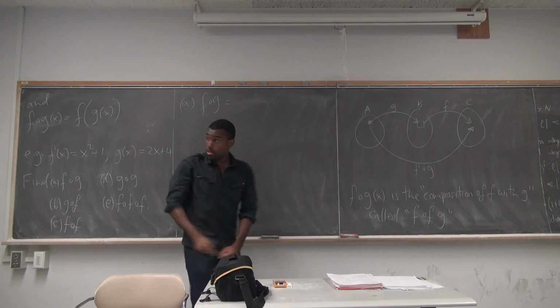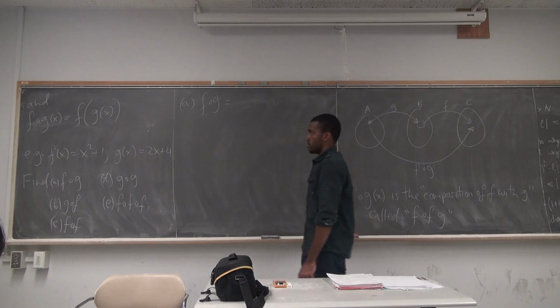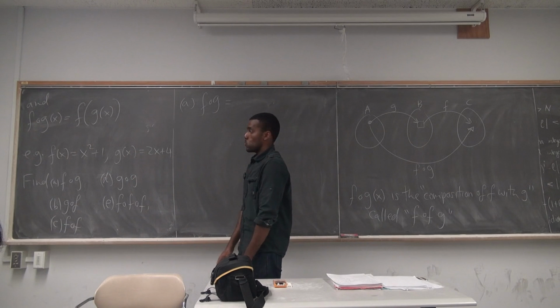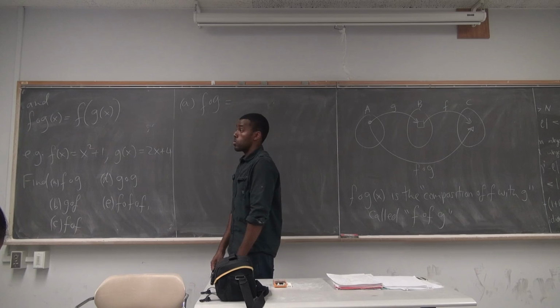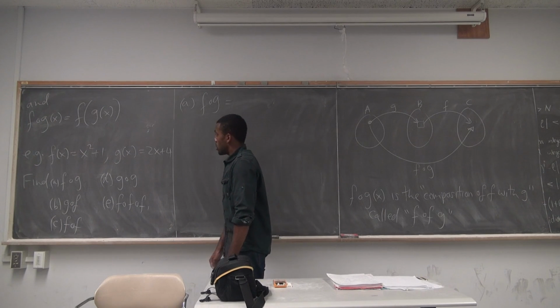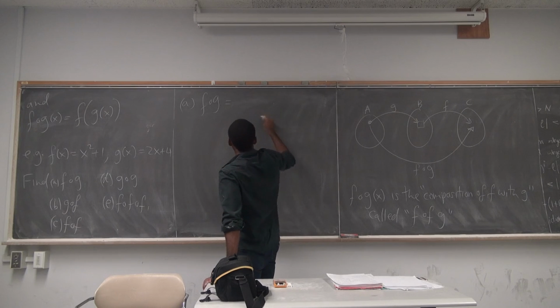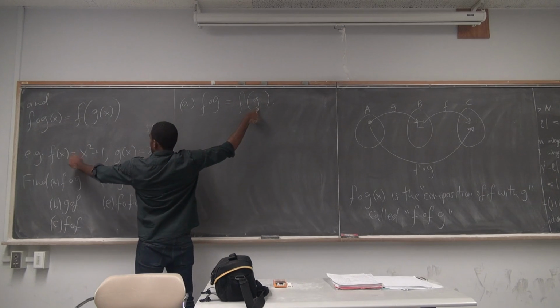Okay. In this case, for these two functions, what would f of g look like? Where the x is, typically. Right, so f of g means f of g. So it means every time you see an x in the f function, you're going to replace it with the g function.